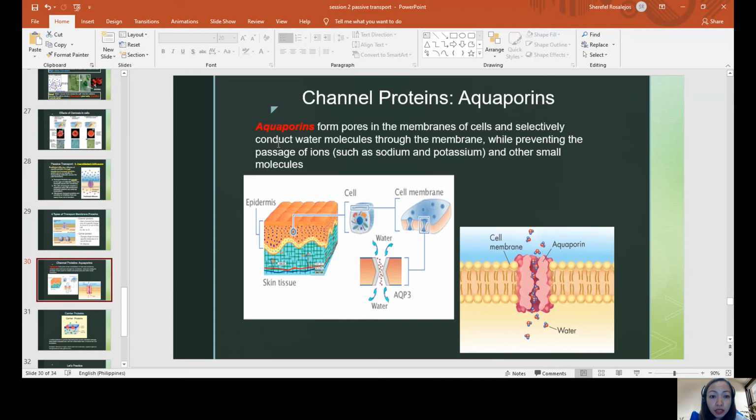It selectively conducts water through it while preventing the passage of ions and other molecules. So does the aquaporin allow other ions to pass through? No, it's specific only for water. You can see, class, that in our skin there are plenty of aquaporins because we are sweating a lot.